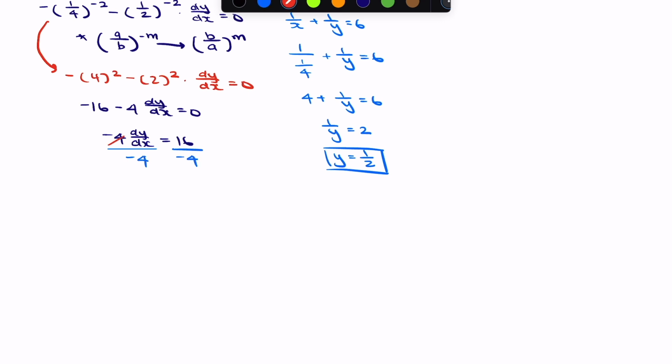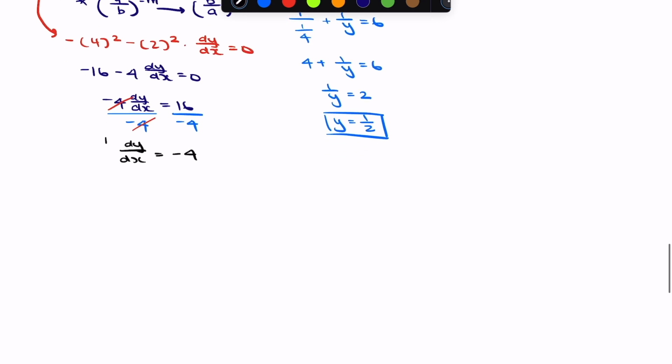So here we see that dy over dx is equal to 16 over negative 4, or negative 4. Okay, and so here dy over dx is negative 4, which means that that is the slope of the tangent.